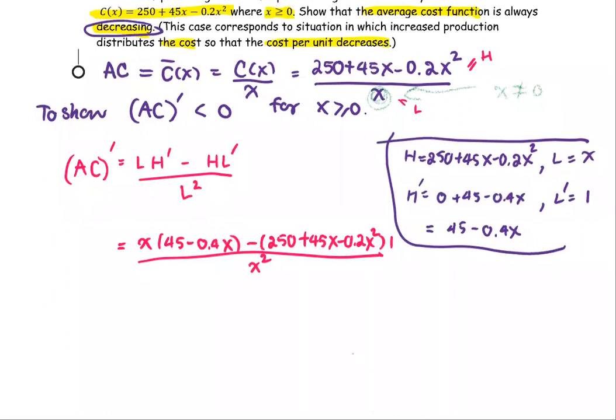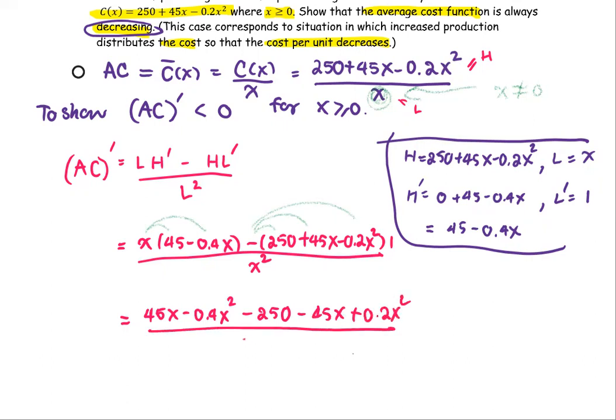Next, I'm going to simplify the numerator by distributing x into the parentheses for the first group and distributing the negative sign to all terms for the second group. I have 45x minus 0.4x squared minus 250 minus 45x plus 0.2x squared, all divided by x squared.